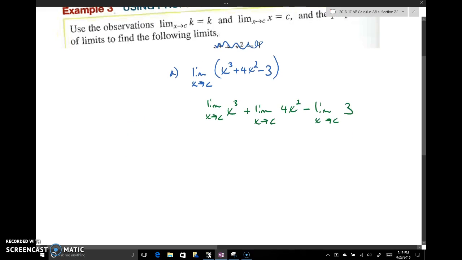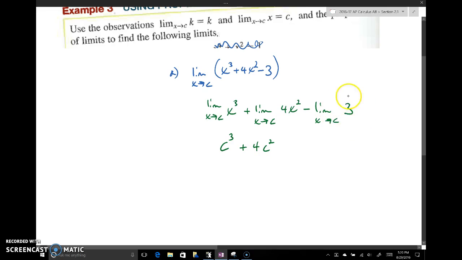Now we've got a couple of different properties here. This is the exponent property, and x cubed is defined at c. Basically, it's defined for all real numbers, so we can just plug it in and get c cubed. 4x squared, we can pull the 4 out and just look at x squared. Again, x squared is defined at all real numbers, so we're going to have 4c squared.